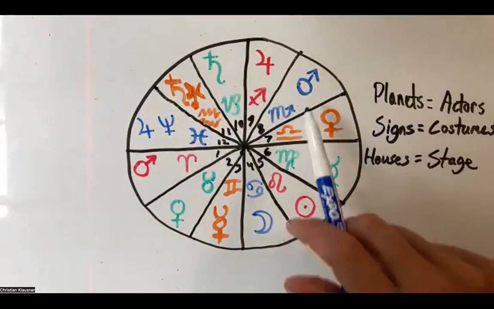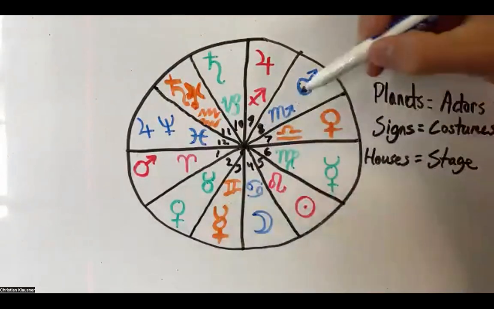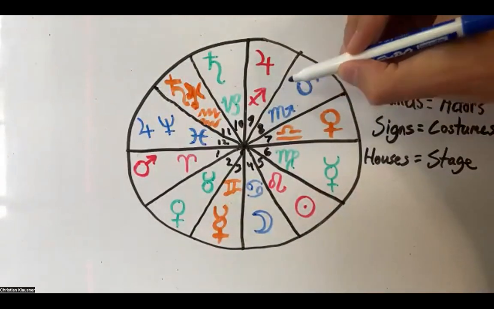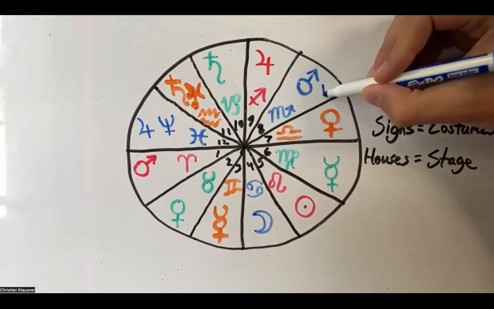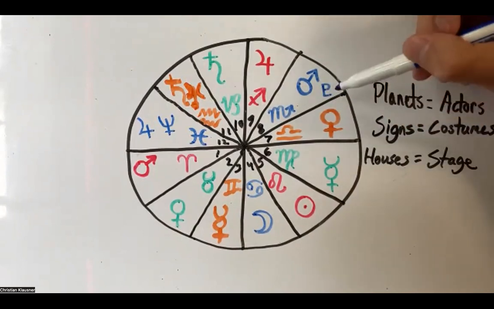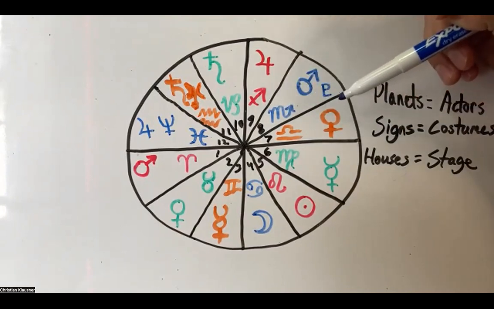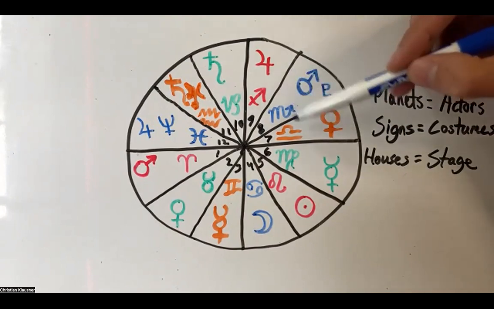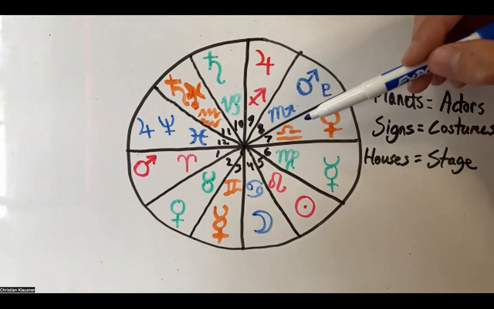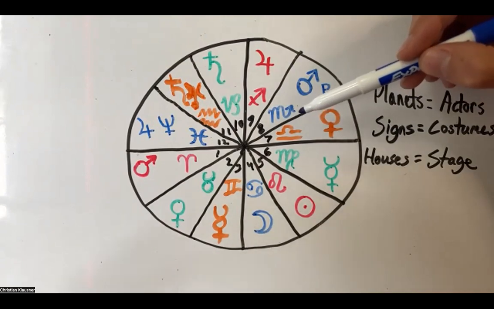There's also a secondary ruler or a modern ruler for Scorpio, and that is Pluto. Pluto is seen to be an accurate ruler for Scorpio in how it deals with death and transformation and rebirth and deeply repressed energies, which of course would be the result of a fixed water sign.